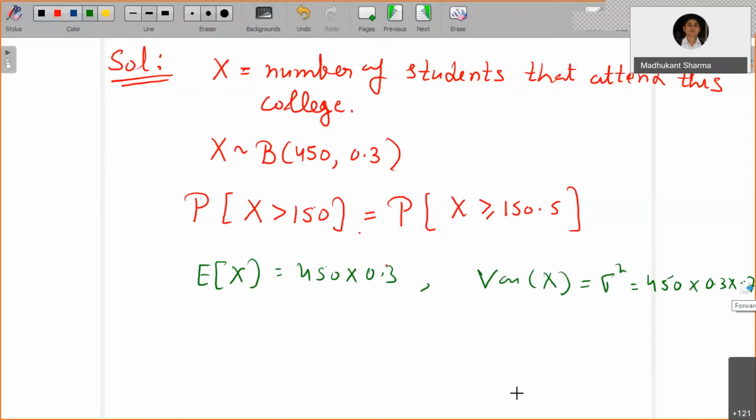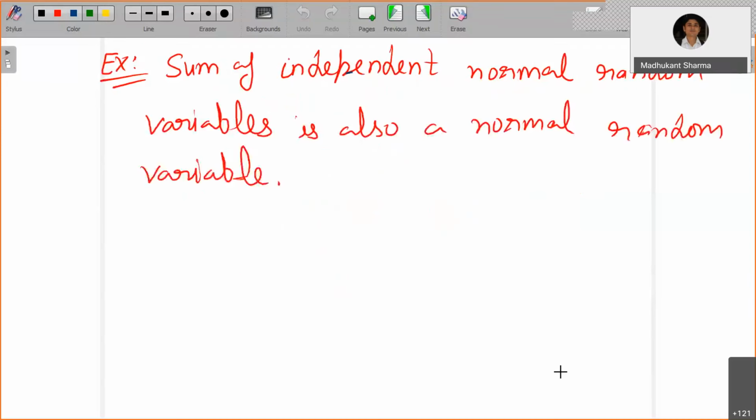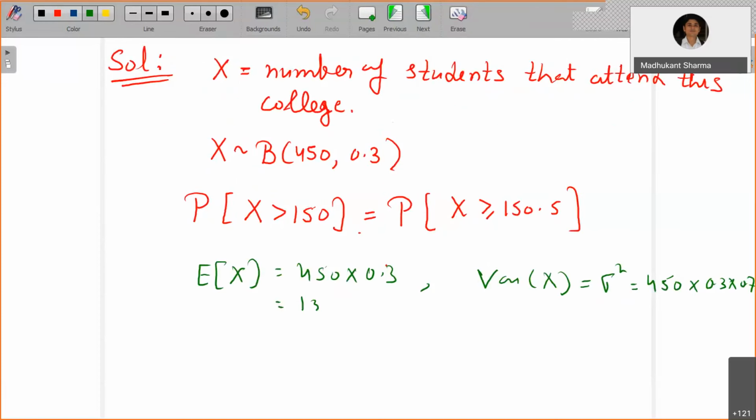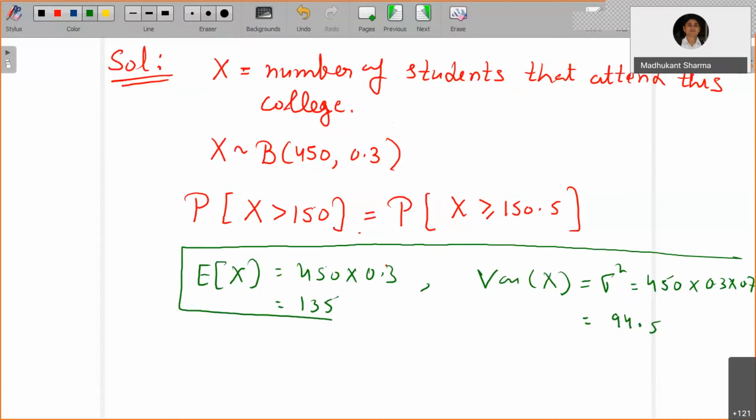So the expectation value, 450 into 0.3, is 135, and sigma square is 94.5. We can derive these values from the definition of X.